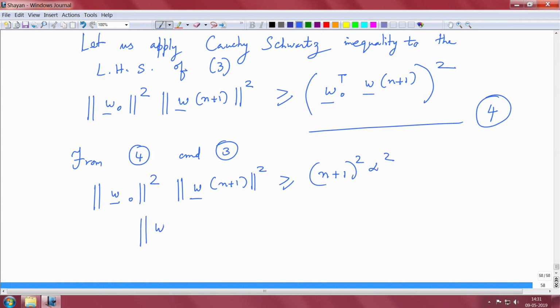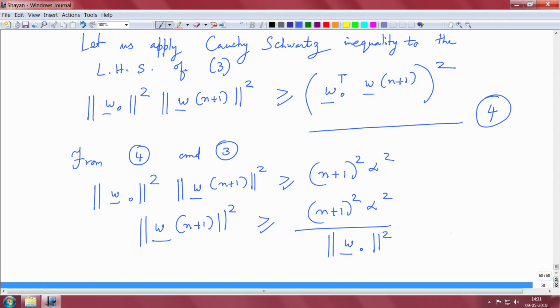So, I can write the norm of W n plus 1 square is greater than or equal to n plus 1 square times alpha square upon the norm of W naught square. If you are savvy, you will know that the W naught that you have is not an all 0 vector, right. You may say it is a divide by 0 problem, and that is a trivial case. So, you would not have the situation.